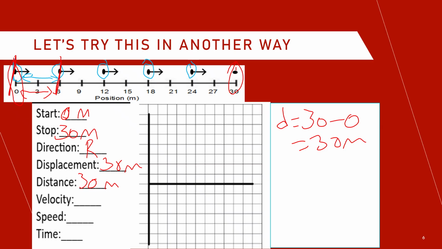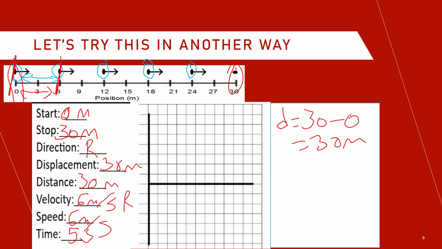How many? 6 meters per second to the right. Speed is the same, but it's a magnitude only, without direction. And the total time we counted was 1, 2, 3, 4, 5 seconds.